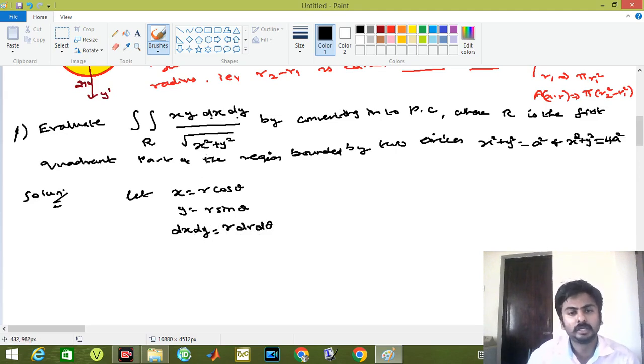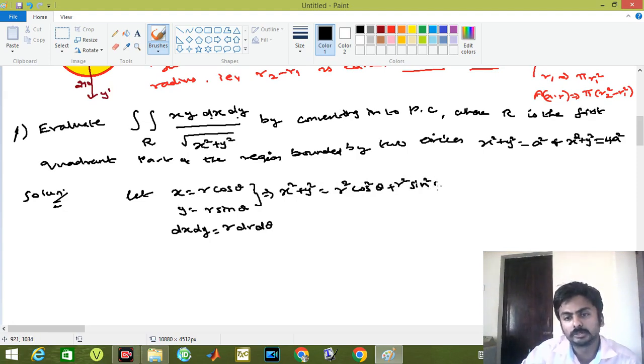Okay, everything is fine. Then you are having x square plus y square. When x equals r cos theta and y equals r sin theta, this will imply x square plus y square equal to r square cos square theta plus r square sin square theta, that is r square times cos square theta plus sin square theta, which equals r square.